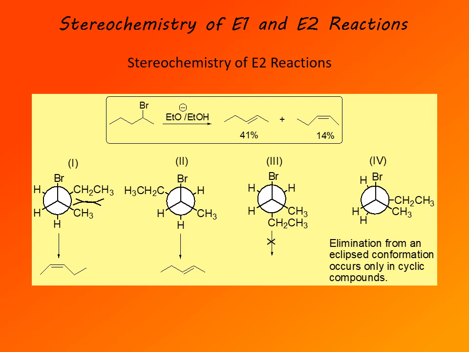But because they are eclipsing, that's very high energy transition state due to high torsional strain and also high steric strain. So this is not reasonable conformation or reasonable transition state except in some cyclic compounds. This is very rare transition state, occurs only in some cyclic systems, and generally you should not consider it because that would be a more advanced topic and you will not encounter that in an introductory organic chemistry course.